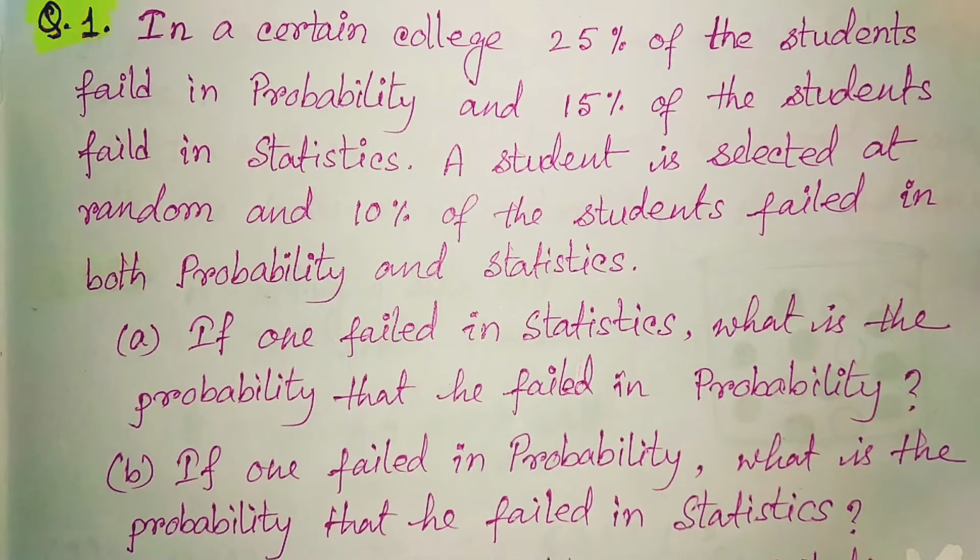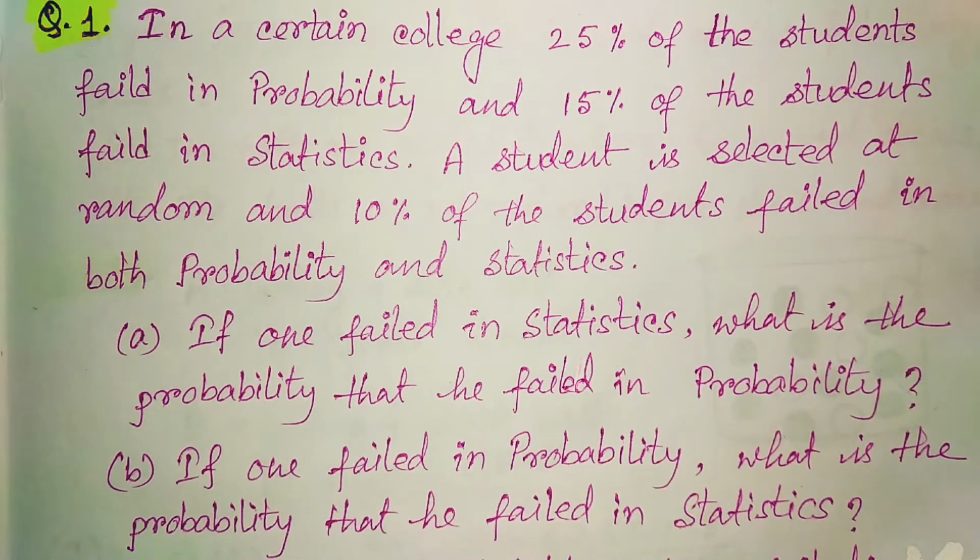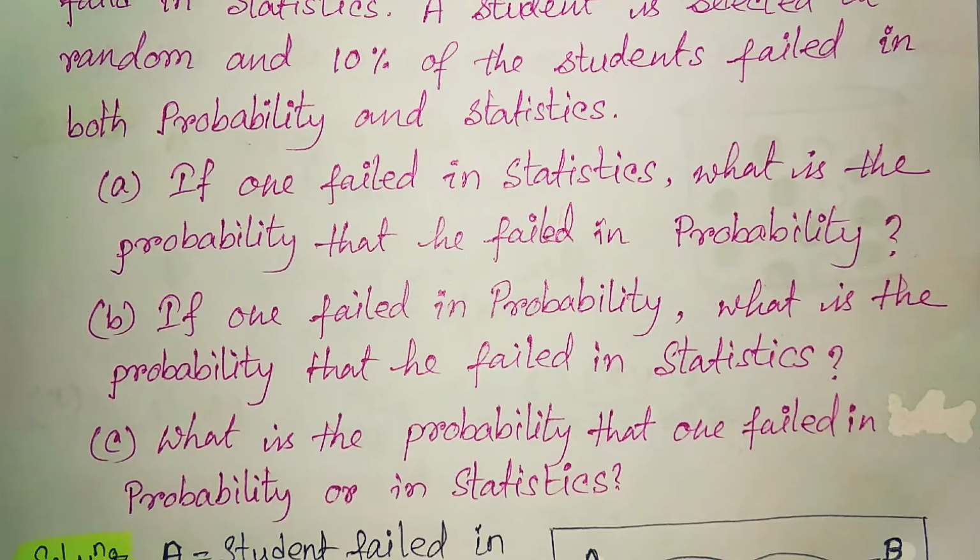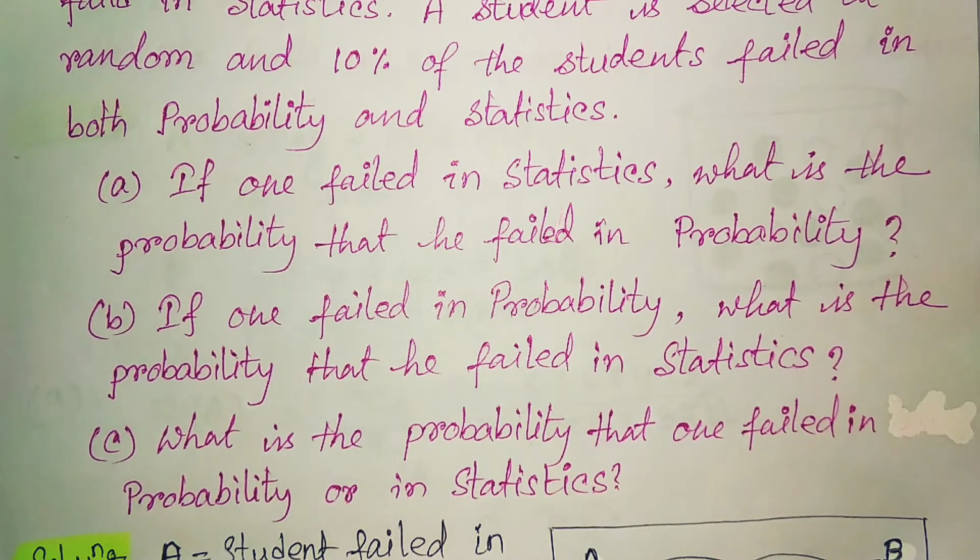Now the question is, if one failed in statistics, what is the probability that he failed in probability? Second question, if one failed in probability, what is the probability that he failed in statistics? And one more question is, what is the probability that one failed in probability or in statistics?